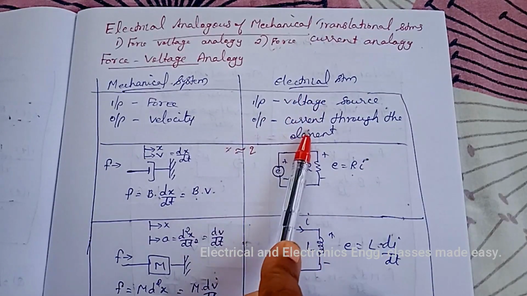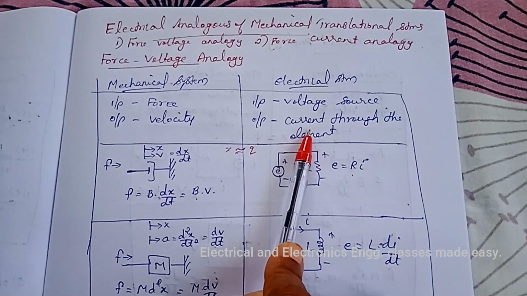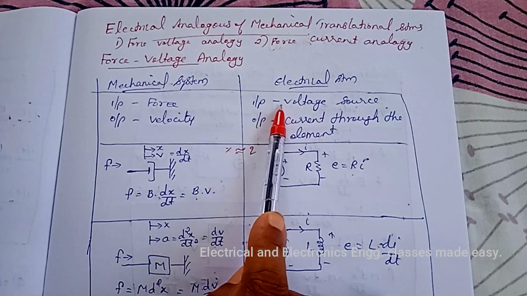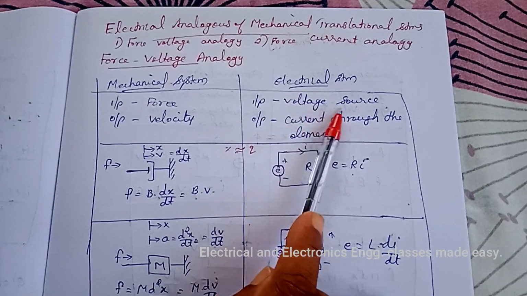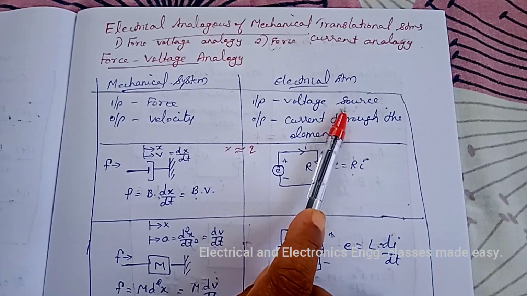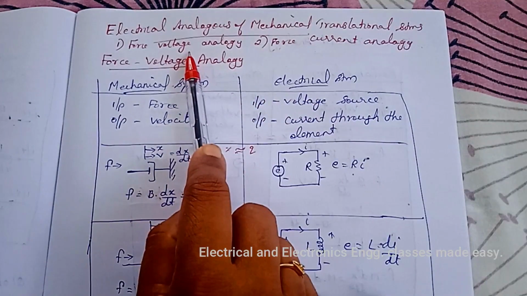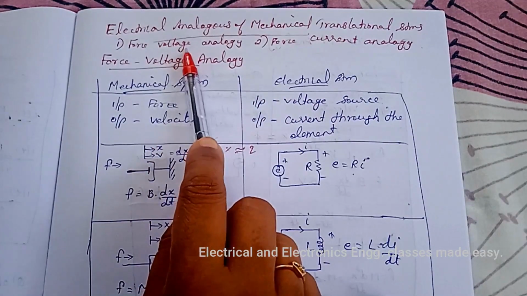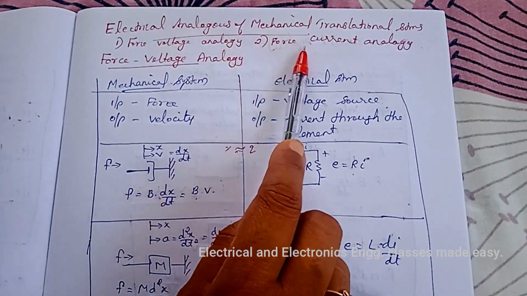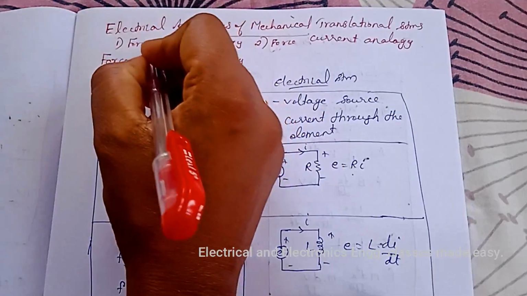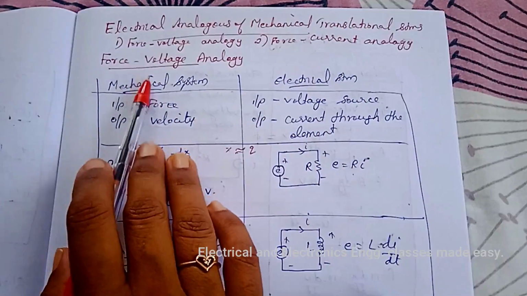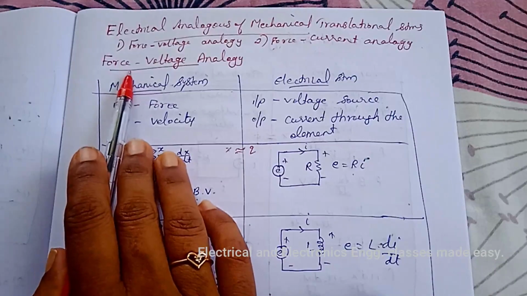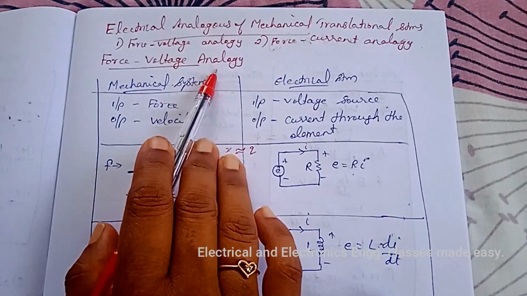Since the electrical systems has two types of inputs, either voltage or current source, there are two types of analogies: force voltage analogy and force current analogy. First one is force voltage analogy.